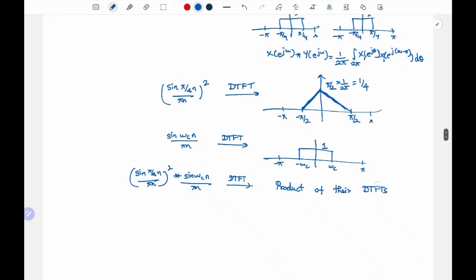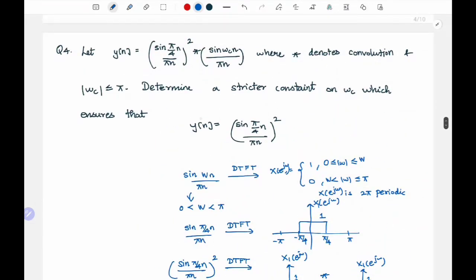Which means that if somehow my omega c is such that it lets all of the signal pass through completely, then this convolution will just give me only this signal. And if I take IDTFT back, I'll get only this signal. So that is my requirement, right? My y of n should finally be equal to (sin(pi n by 4) by pi n) whole square, which is nothing but this signal.